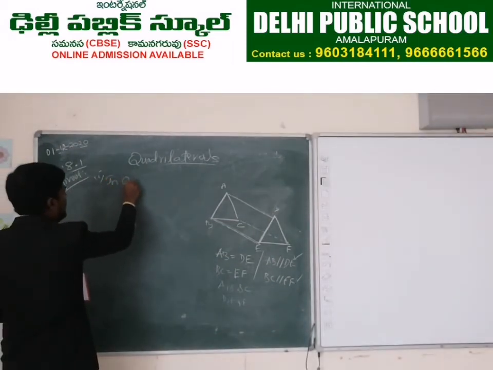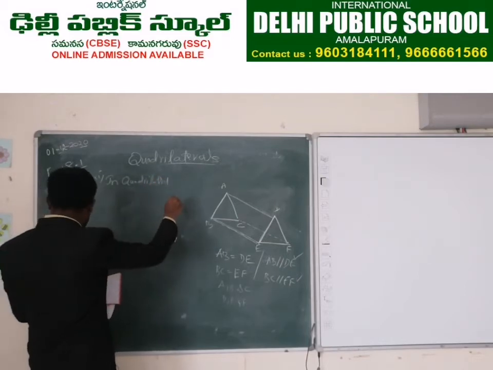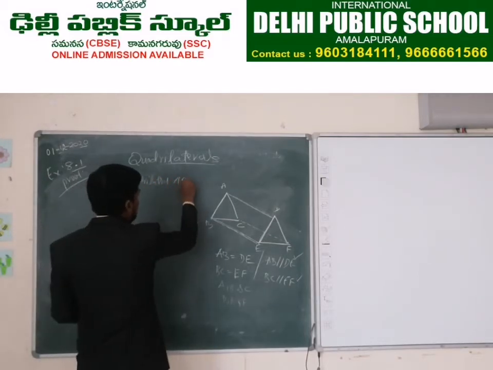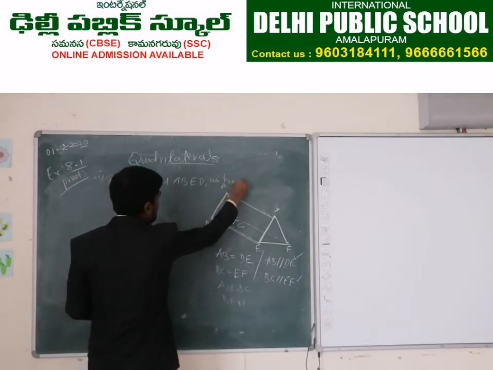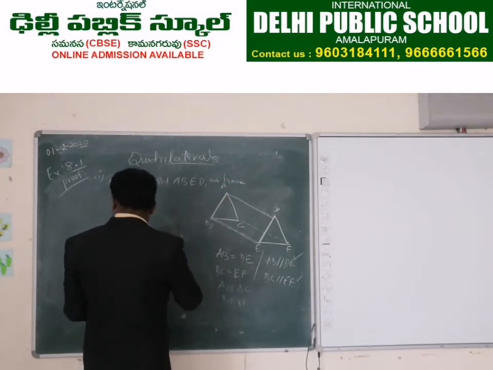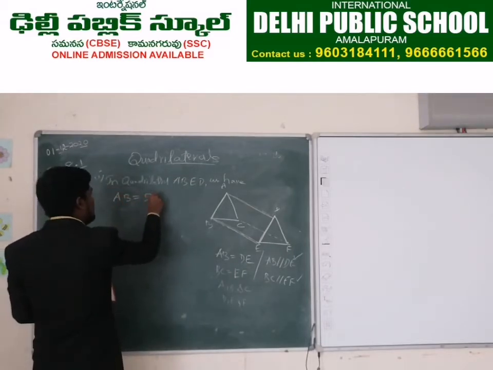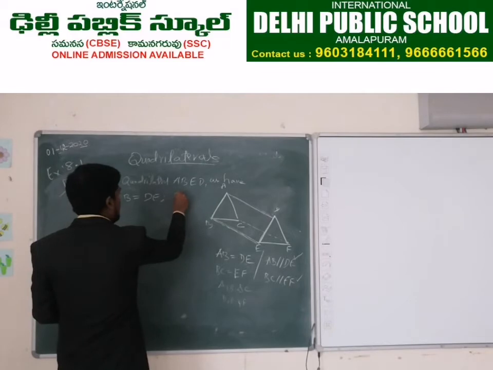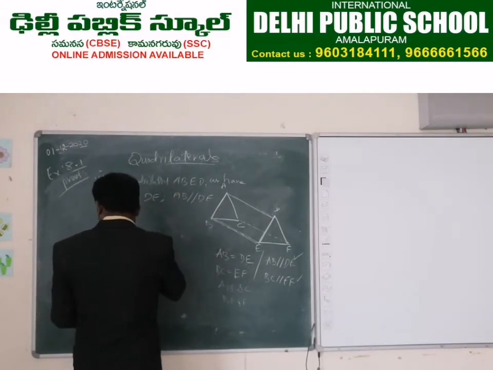In quadrilateral ABED, we have AB is equal to DE and AB is parallel to DE. That is given, right?